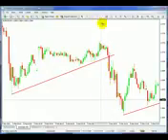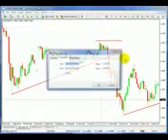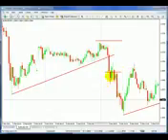So I would have looked to buy at this open. So there's my open of the next candle. Now when you've seen that, all you need to do is look to place your stop above the high. That's where you're placing your stop, okay?